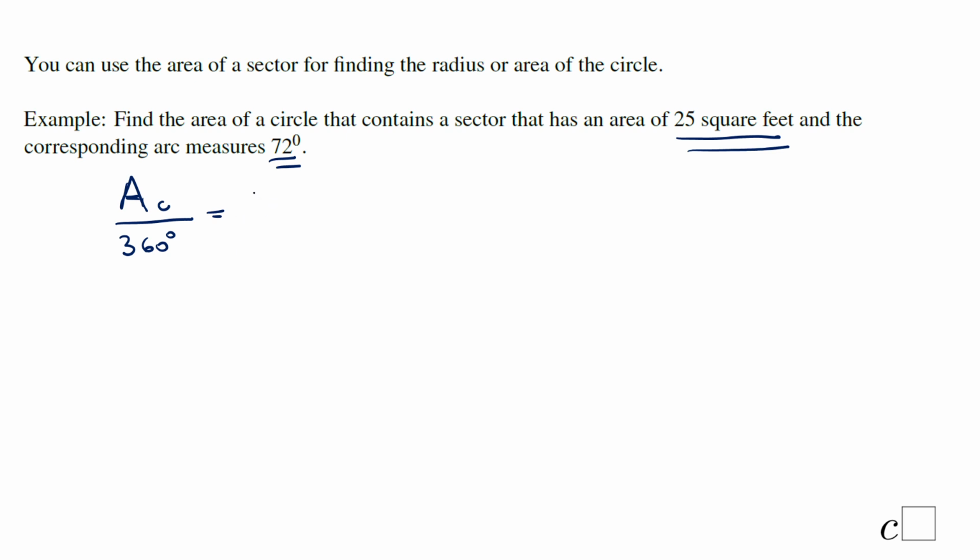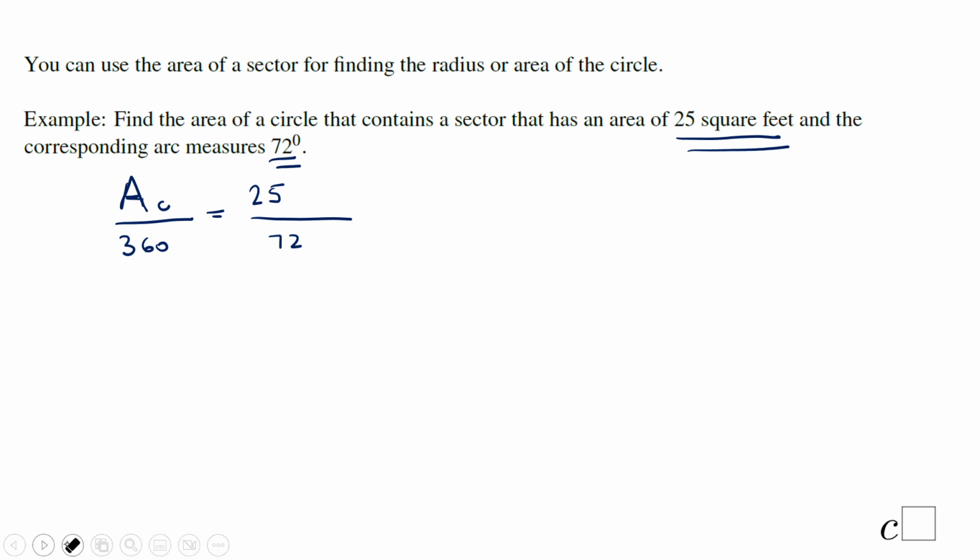The area of the sector, 25 square feet. And I should write square feet here just to be consistent, 25 square feet over 72 degrees. This is the proportion that will help us. And again, now we can erase these units. We know we wrote the correct proportion.